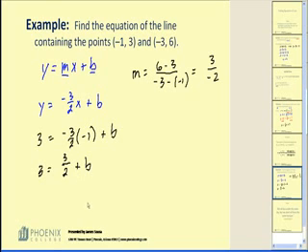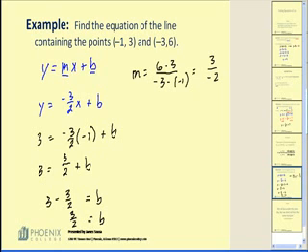So subtracting 3/2 on both sides, 3 over 1 minus 3 over 2. 3 over 1 is the same as 6 over 2. 6 over 2 minus 3 over 2 would give us 3 over 2, or 3/2, for our y-intercept.